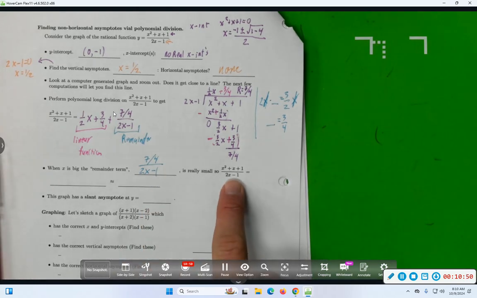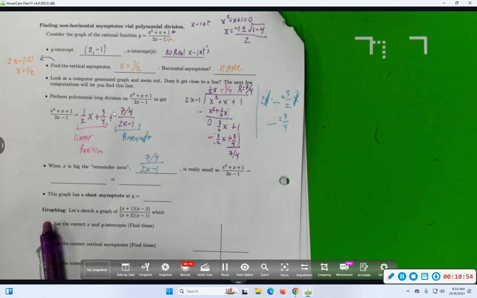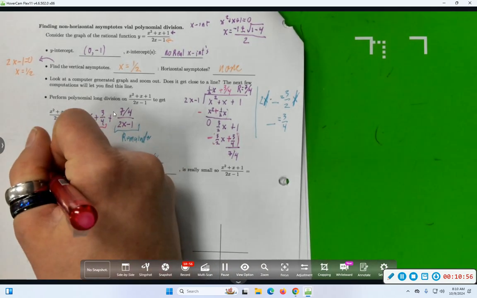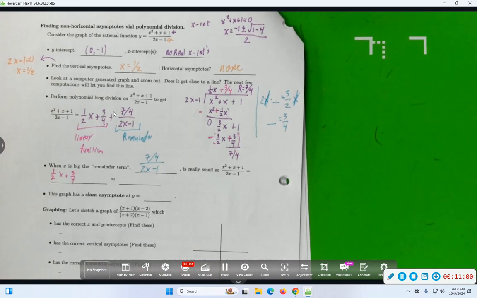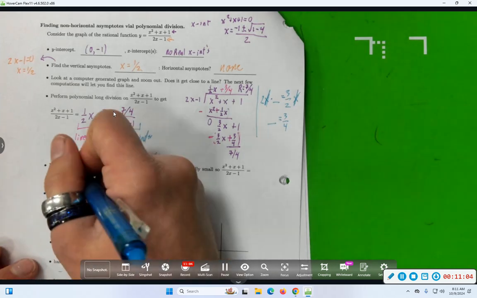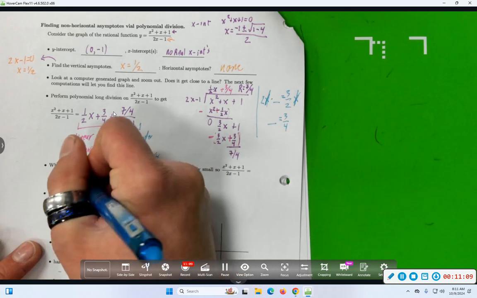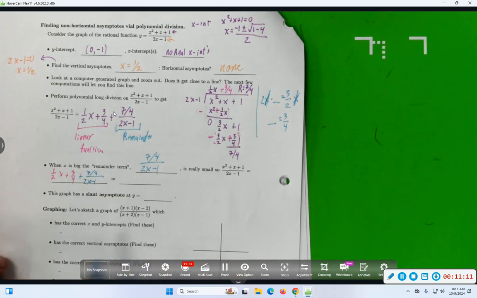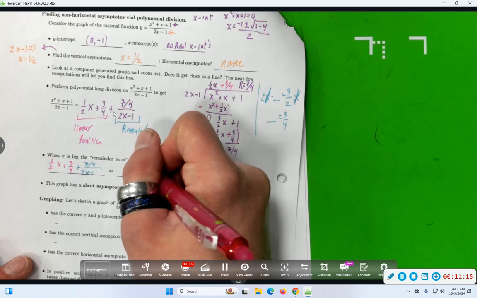So this whole fraction, which remember we just got to be equal to the linear term, 1/2 x plus 3/4 plus the remainder term, 7/4 divided by 2x minus 1, is basically the same as 1/2 x plus 3/4.